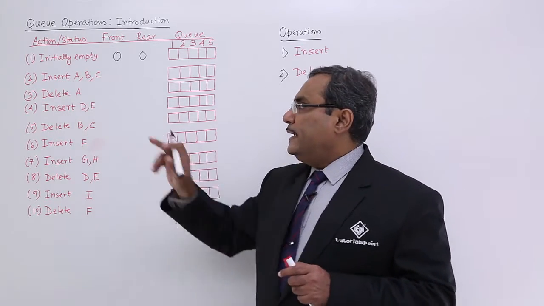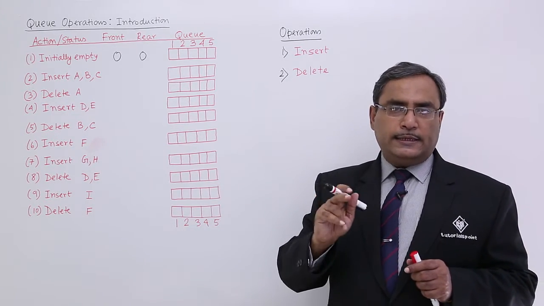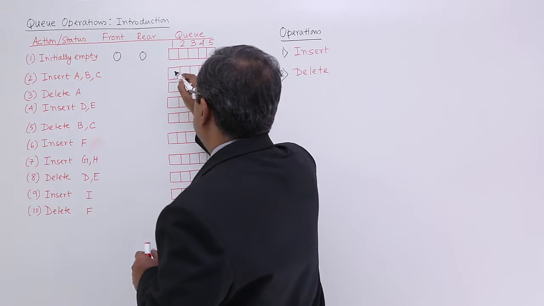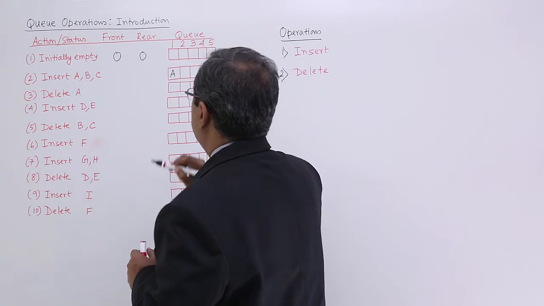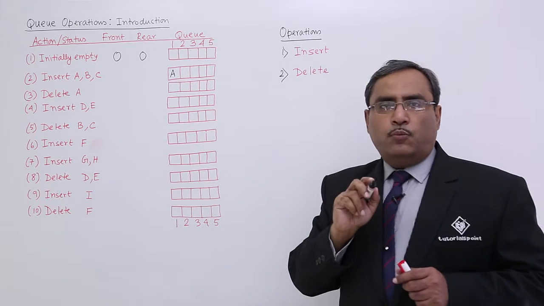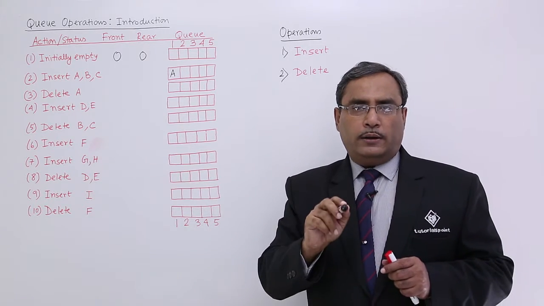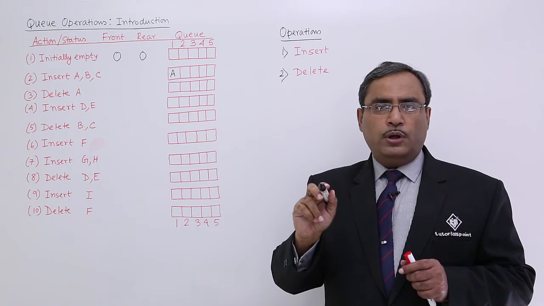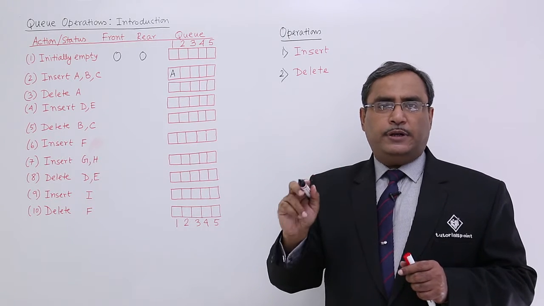Now insert A, then B, then C in that order. At first A will be inserted at this place, so front will become 1 and rear will become 1.